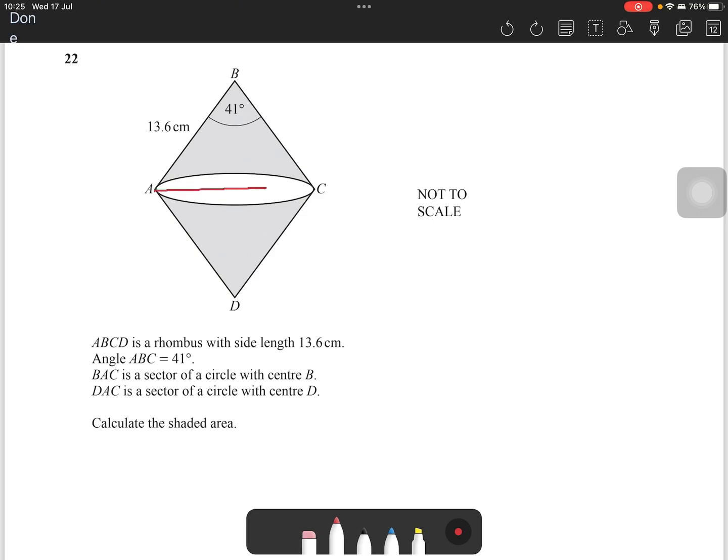First, we'll try to find the area of the triangle BAC. Area of triangle ABC is equal to AB multiplied by BC multiplied by sin B, and then we divide everything by 2.